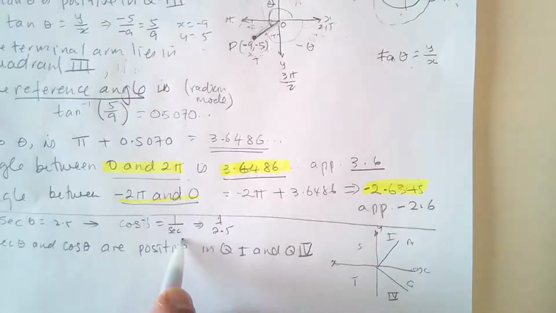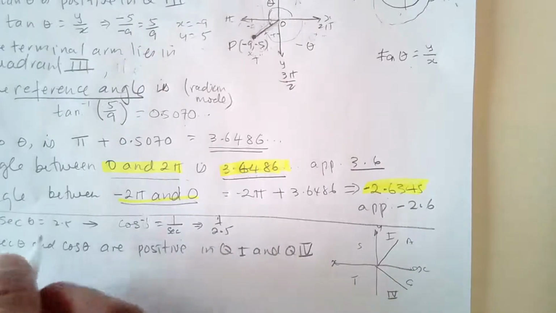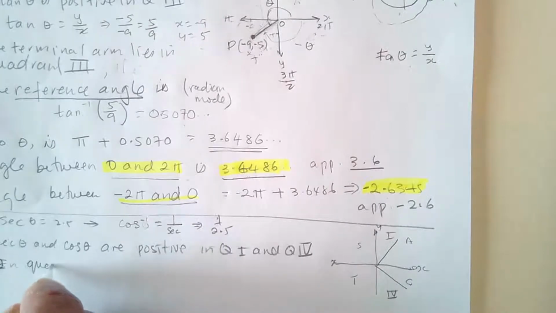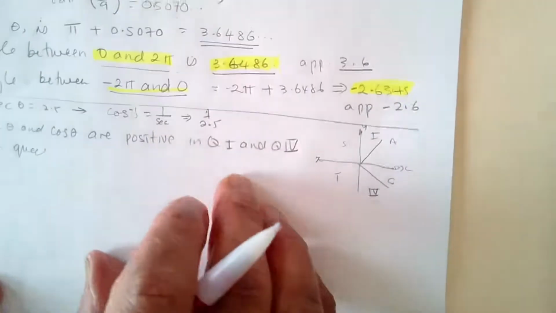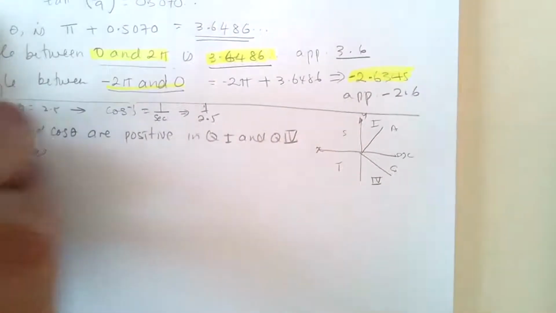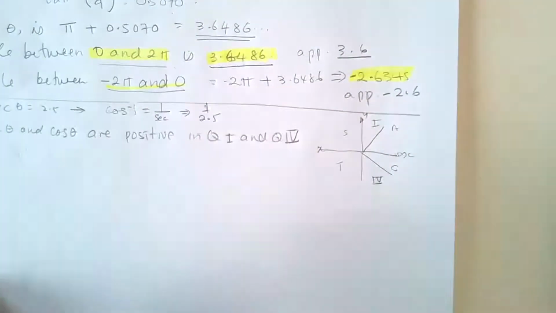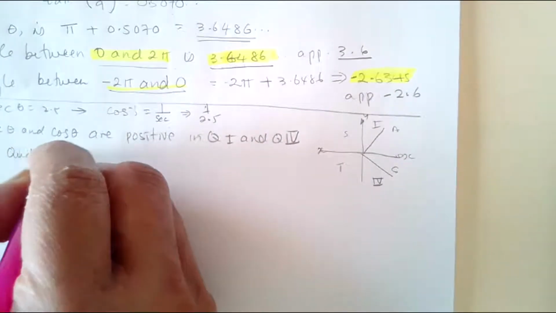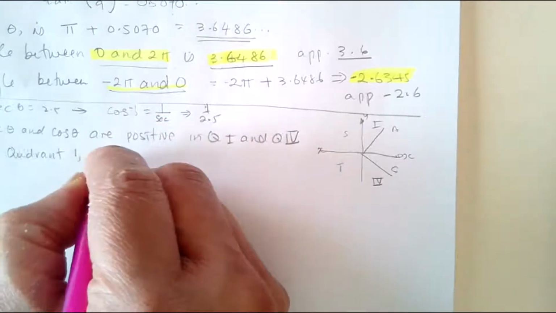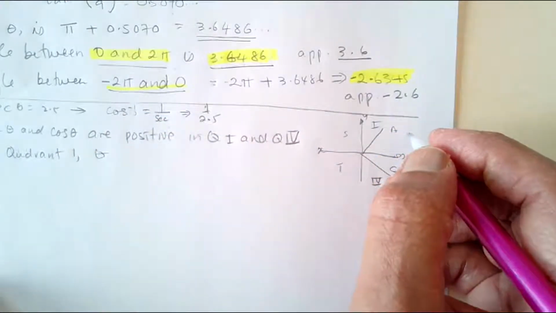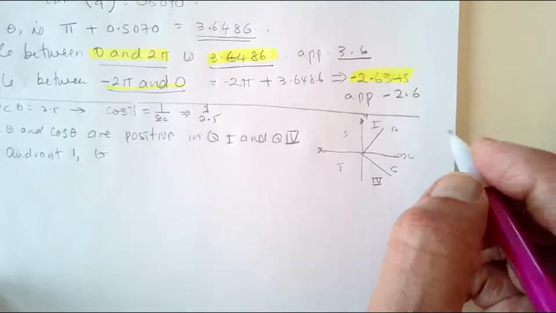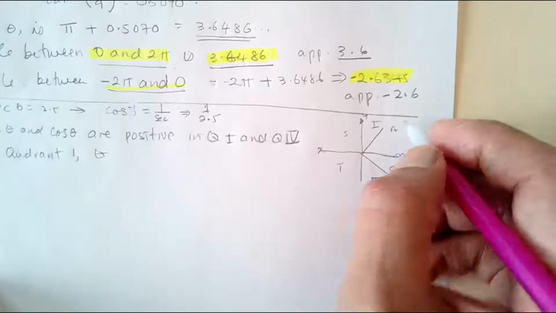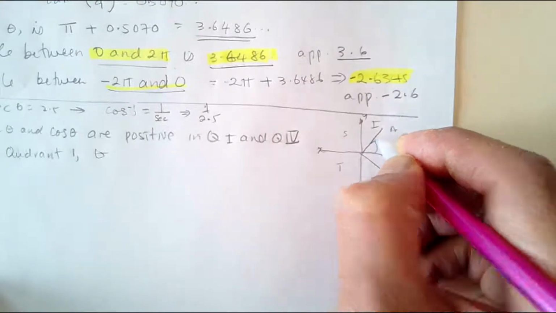So we'll use cosine. Let's look at quadrant 1. We're going to find theta, so we're going to find the reference angle first, right?